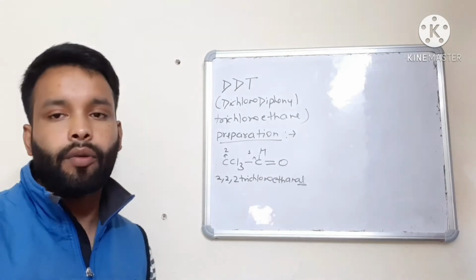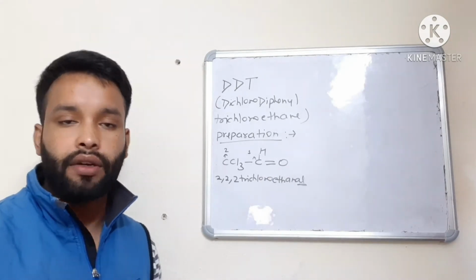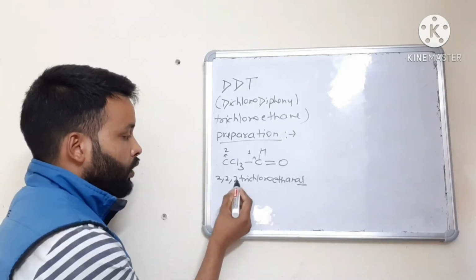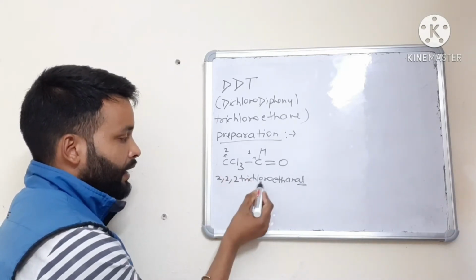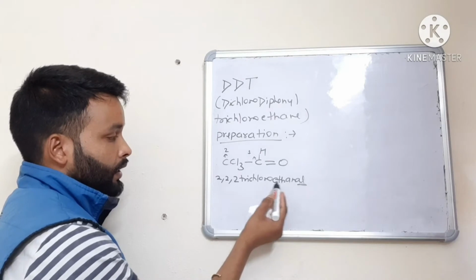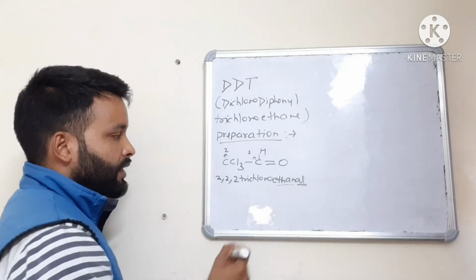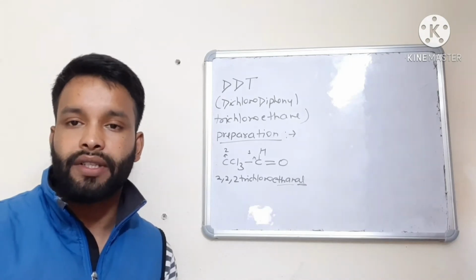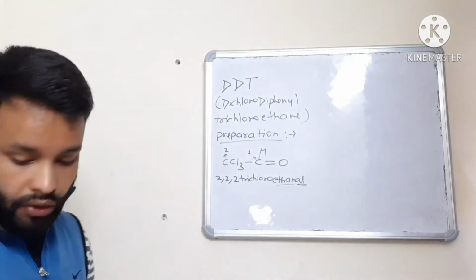Whenever the aldehyde group is present as a suffix or as the bigger group, at the end we add al. So 2,2,2-trichloro in the second position, eth means 2 carbons and al stands for the aldehyde group as a suffix. Okay, so this is chloral.